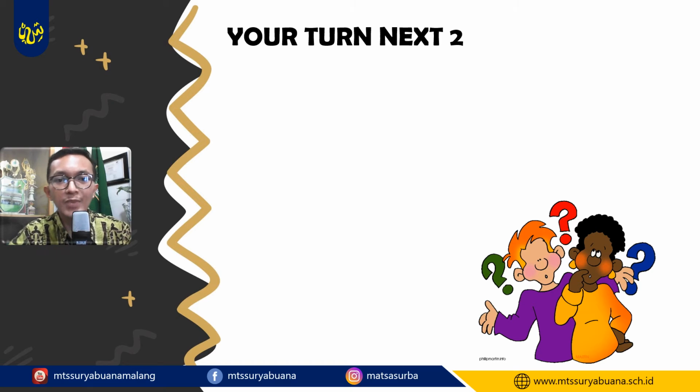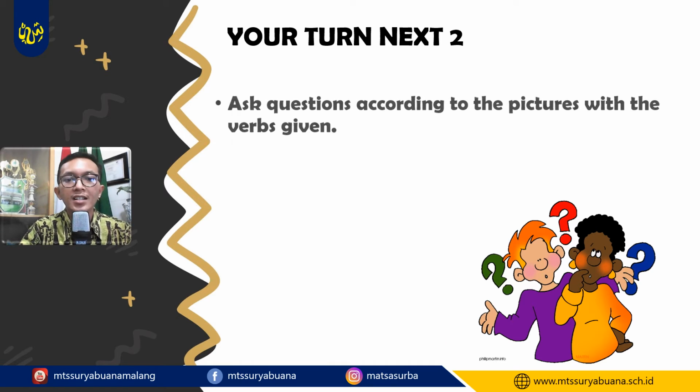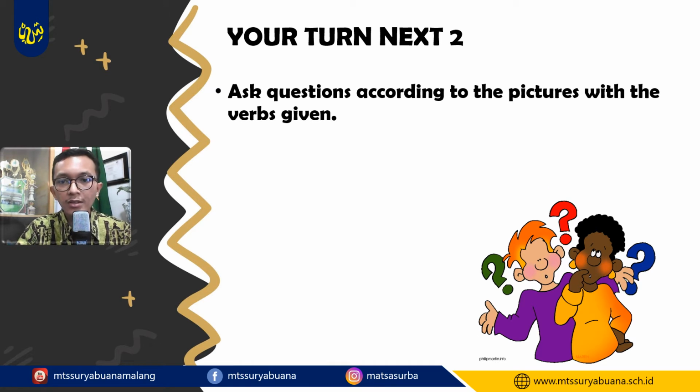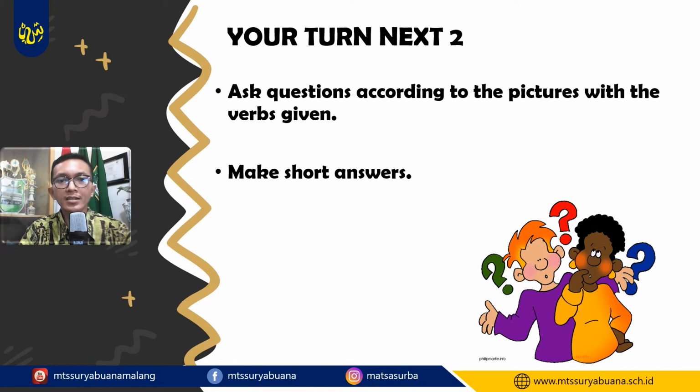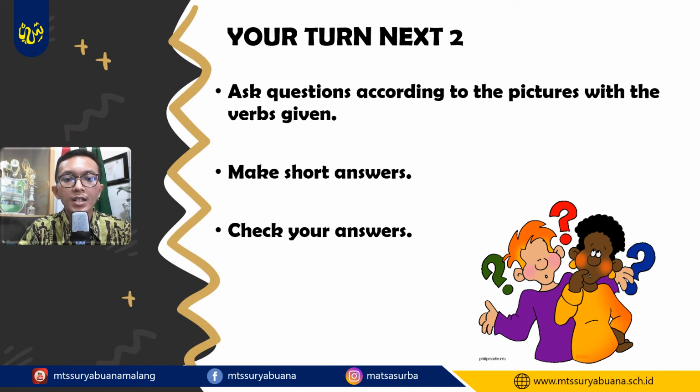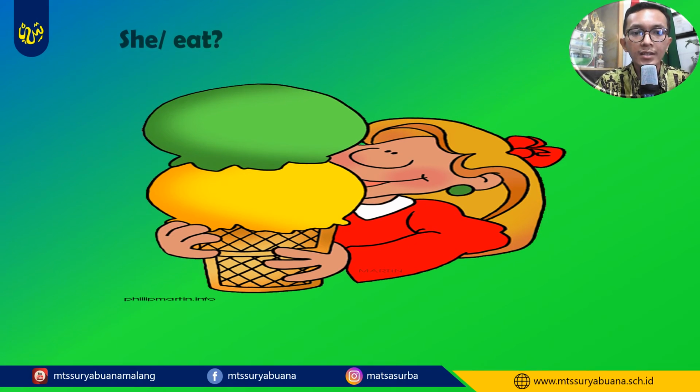Okay, let's do the practice again. Ask questions according to the pictures with the verbs given, and then make short answers. Well, students, let's do it together. This is the first picture, and the words are she and eat. Please make a question based on this picture.